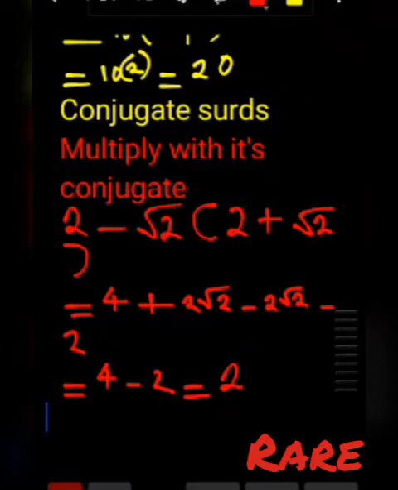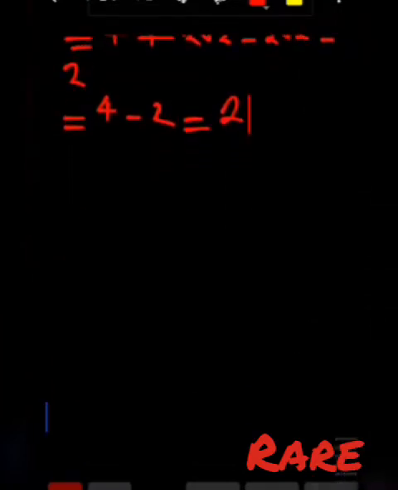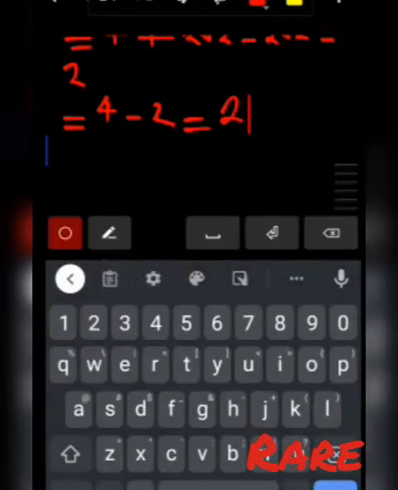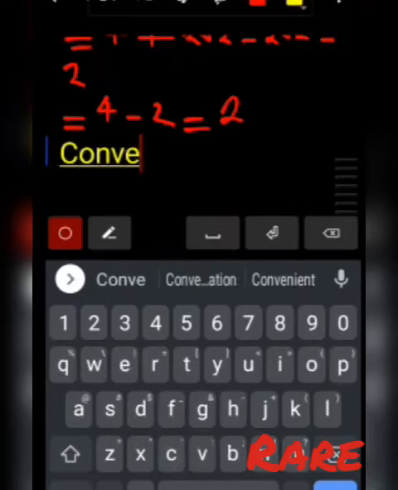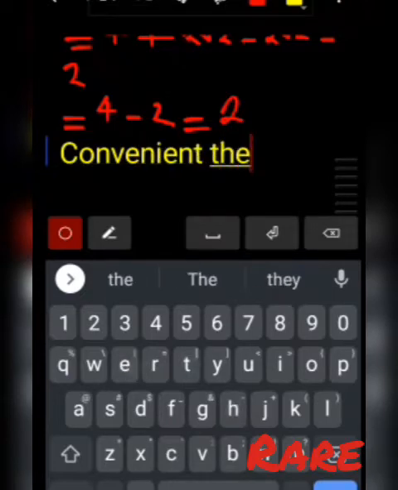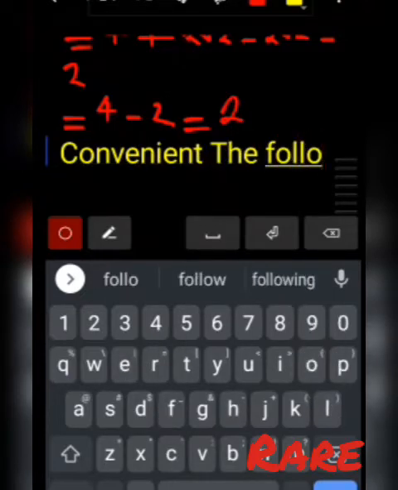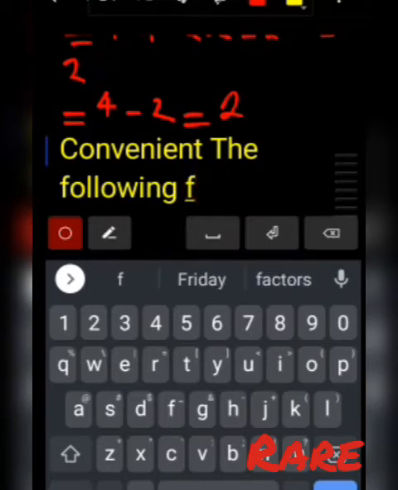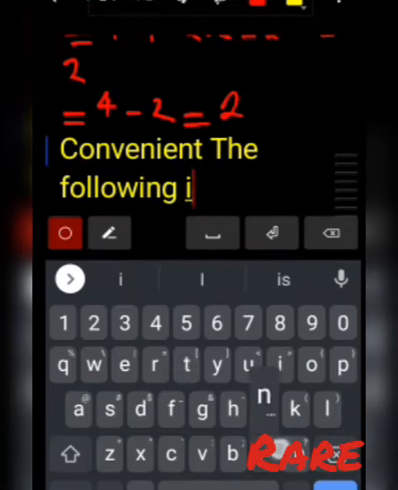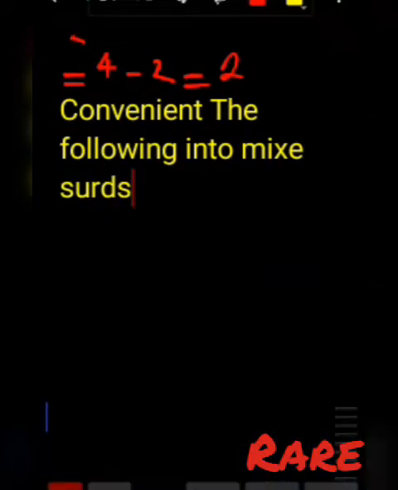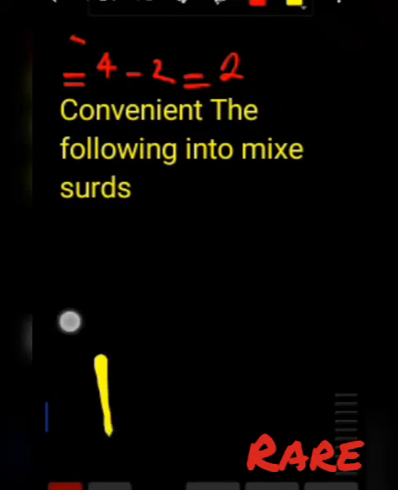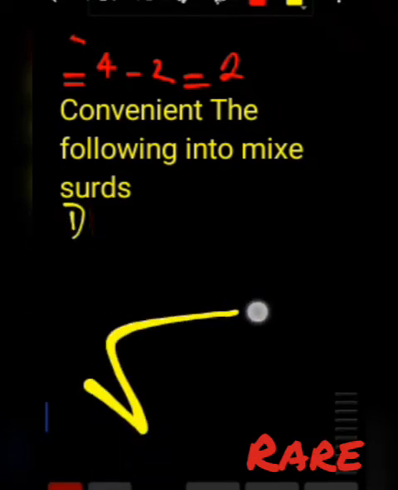So let's do this. Try to think now. Convert the following into mixed surds. Number 1, the root of 50.